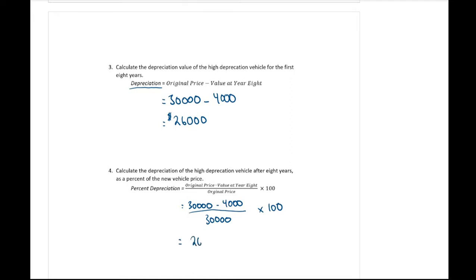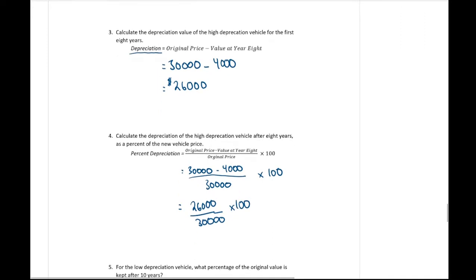So in this case, we have 26,000 divided by 30,000 multiplied by 100 equals, and we get 86.6 repeating, or 86.67%.